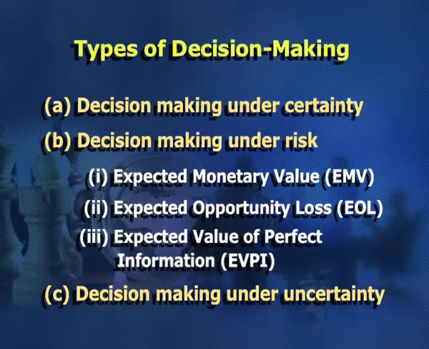Expected value of perfect information, also called EVPI. In decision making under risk, each state of nature is linked with the probability of its occurrence. However, if the decision maker can acquire perfect information about the occurrence of various states of nature, then he will be able to select a course of action that yields the desired payoff for whatever state of nature actually occurs.